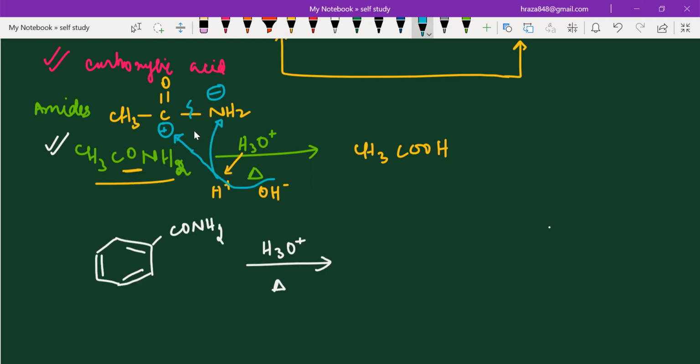In this way, this bond will be broken and it will form CH3C double bond O, OH. As a byproduct, you will get NH2 plus this H, which is basically NH3. Is that clear to everyone? Yes, sir. Can you do this? So it is basically ethanoic acid.